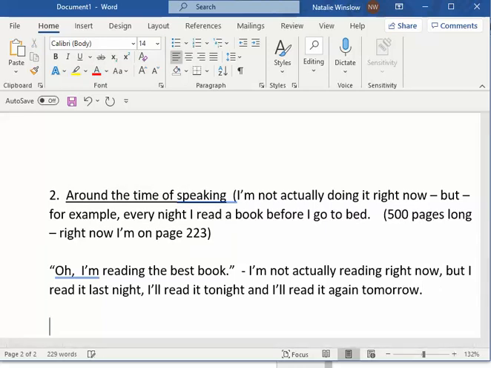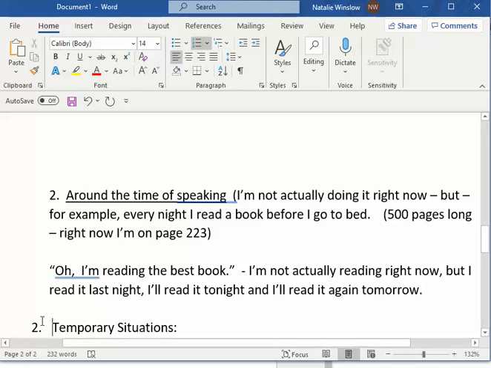We also use it for temporary situations. So what this means, the word temporary, let me get my number 3 in here. The word temporary means that it's going to change, right?